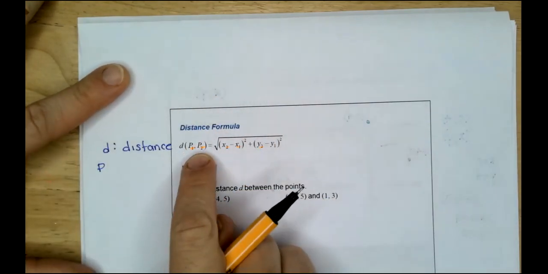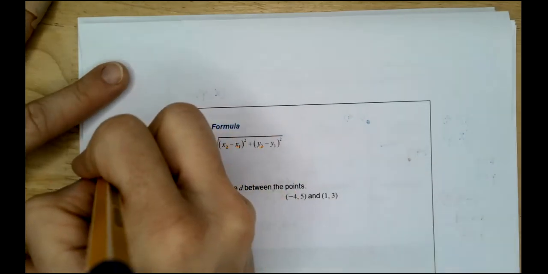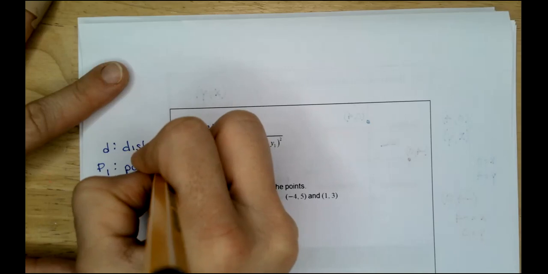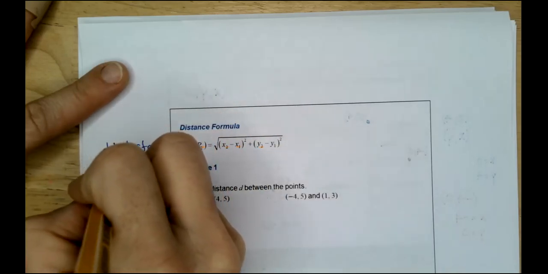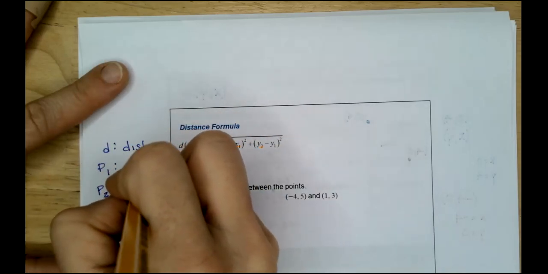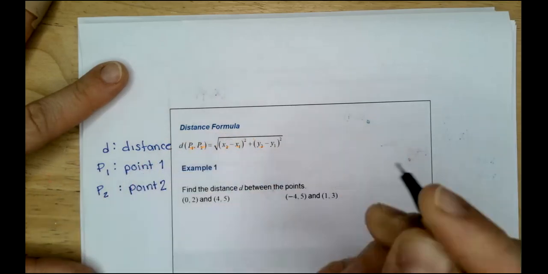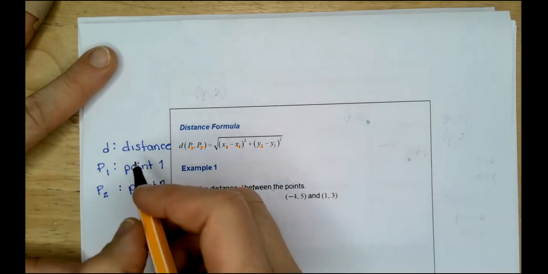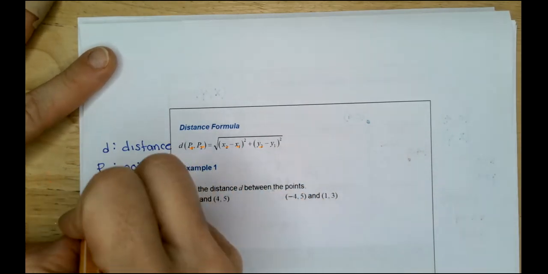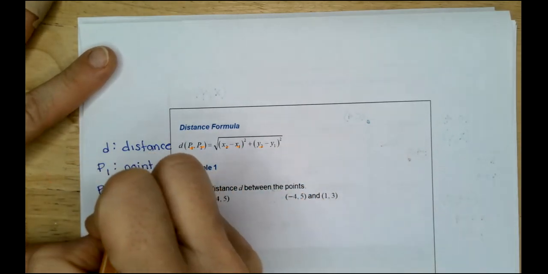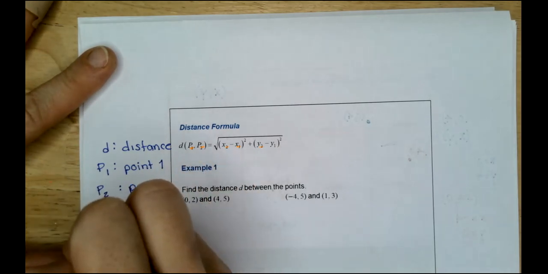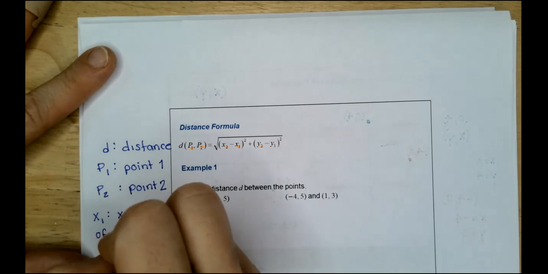P stands for point. P1 stands for point 1, or your first point. P2 stands for point 2. So you'll see x2 and x1, y2 and y1. That just means the x value of point 1, or your first point.